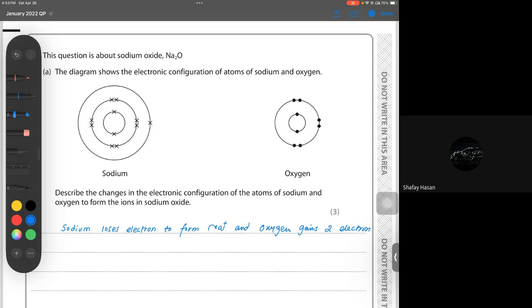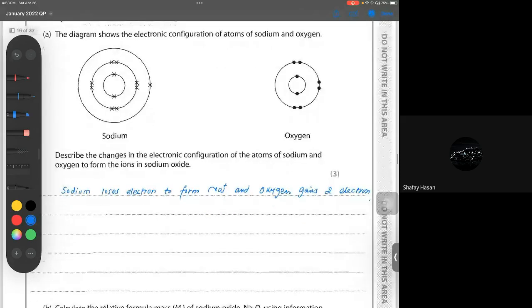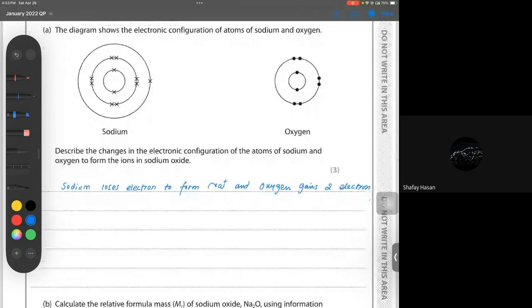Okay, so then after losing or gaining electrons, they both would have a configuration that is 2,8.